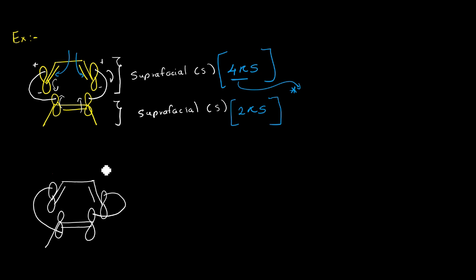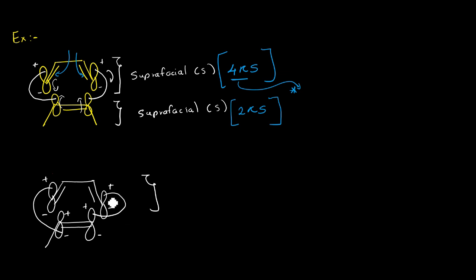Okay. What happens now? First we have to put the positive and negative parts in the orbitals. So if you look at this segment here, the upper segment, what we have to look at is the faciality. Now, when you look at the faciality, you will see both interactions are coming from the same part.